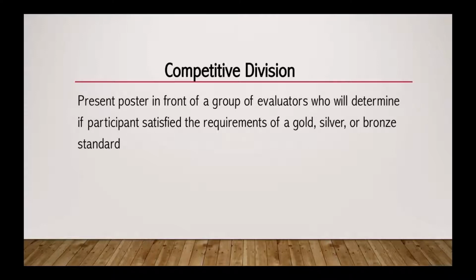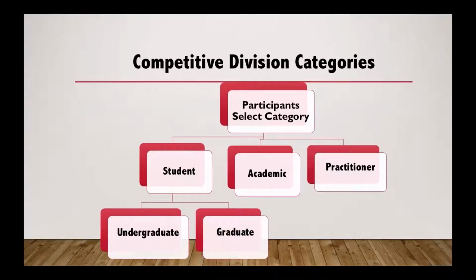We continue to attract more and more participants who are willing to share all their great research findings, projects, outcomes, and ideas with all of your colleagues and other conference attendees. So in our competitive division, our categories are student, whether undergrad or graduate level student, academic, or practitioner.